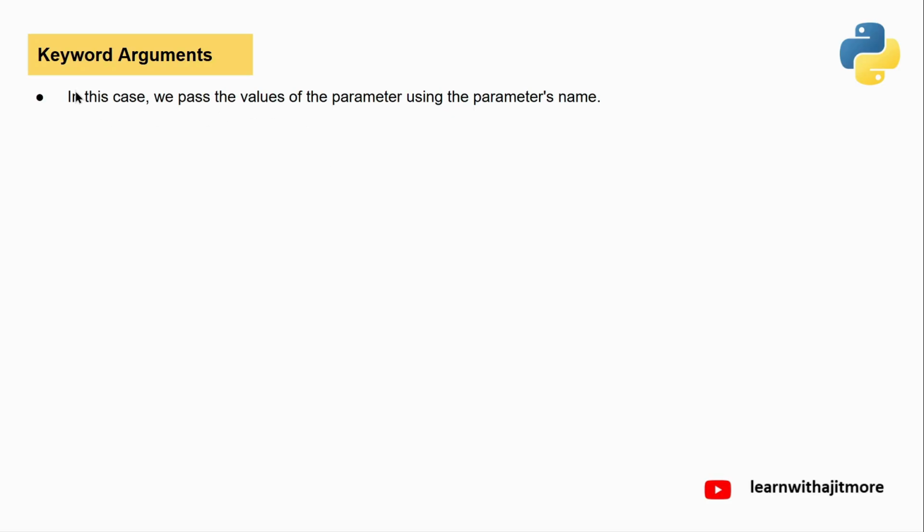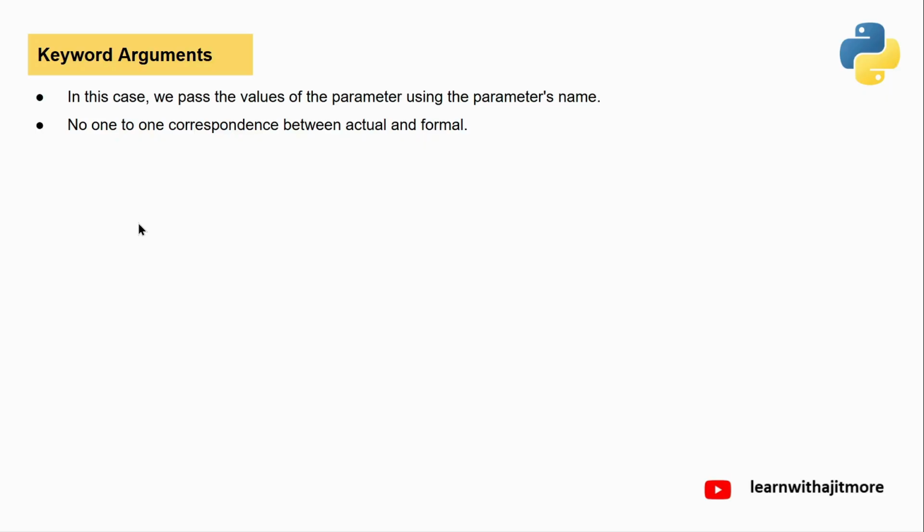So in this case, we pass the values of the parameters using the parameter's name. That is the specialty. Means when you're calling and passing the value, you're not only giving the value, you're associating that value with the parameter name as well. Here there is no one-to-one correspondence, like first actual with first formal, second actual with second.